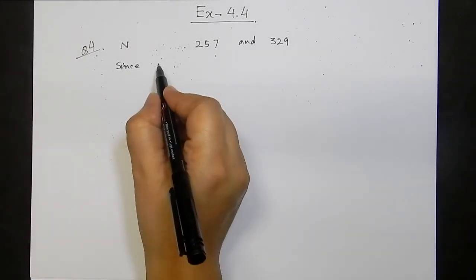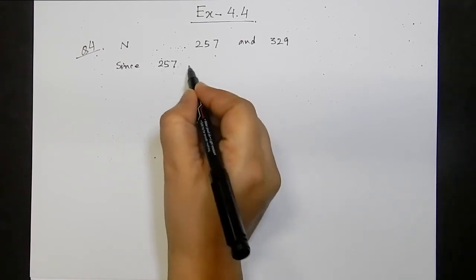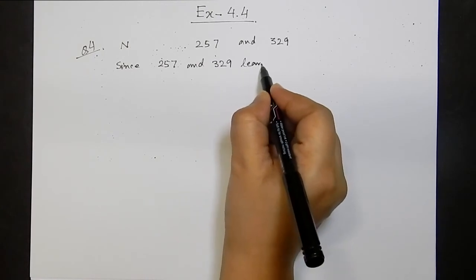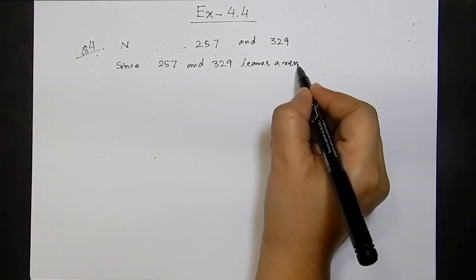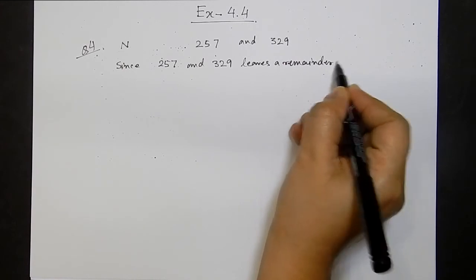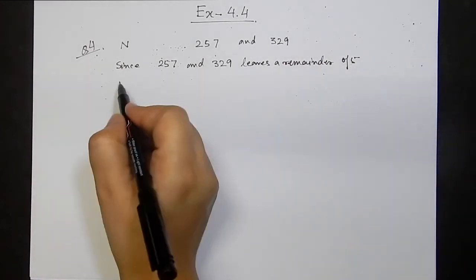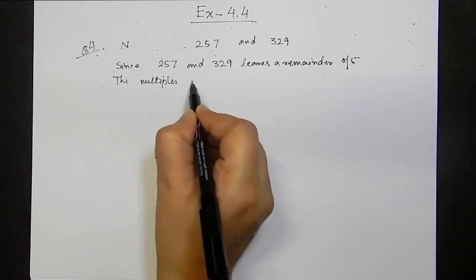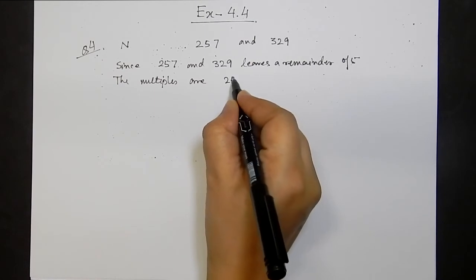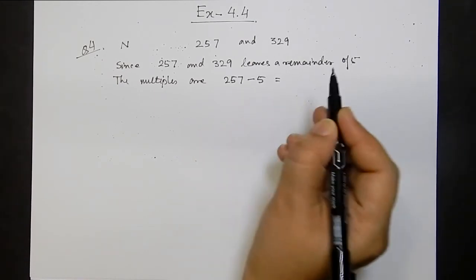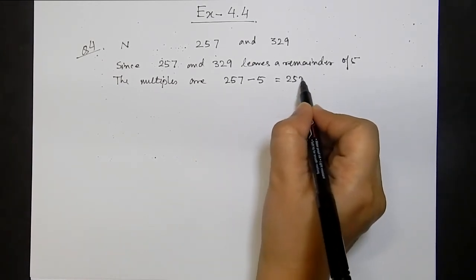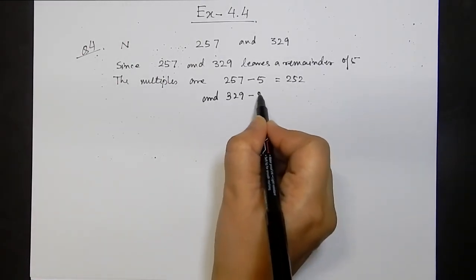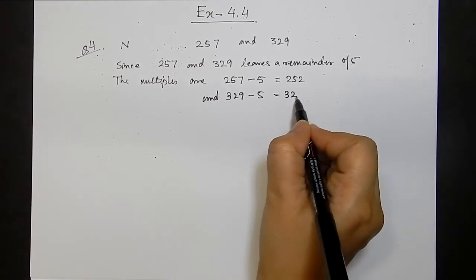Since 257 and 329 leave a remainder of 5, the multiples are 257 minus 5, which is equal to 252, and 329 minus 5, which is 324.